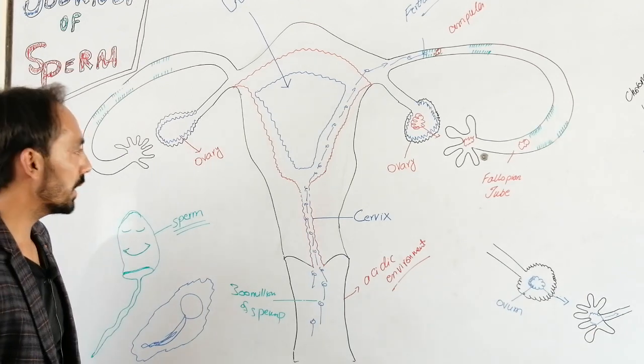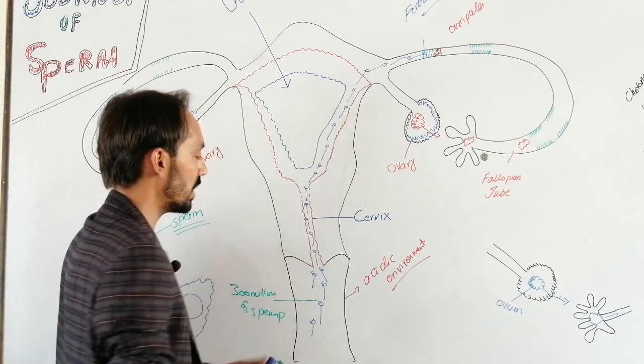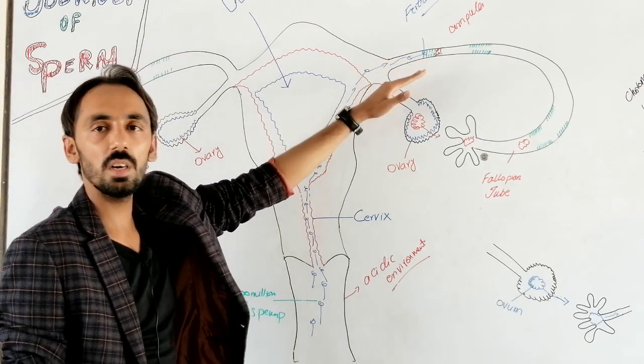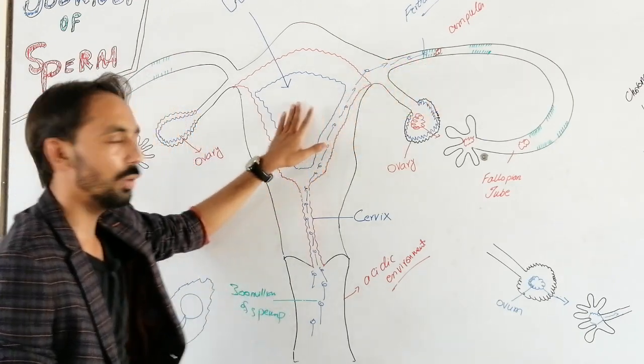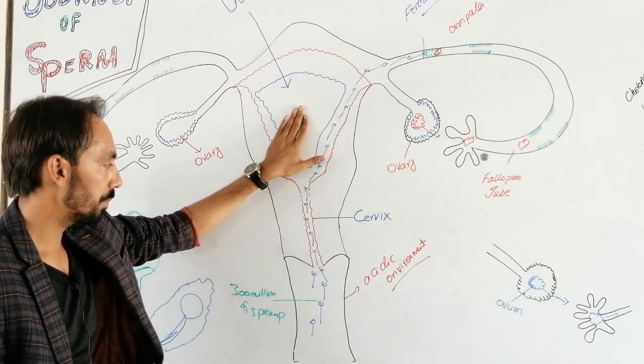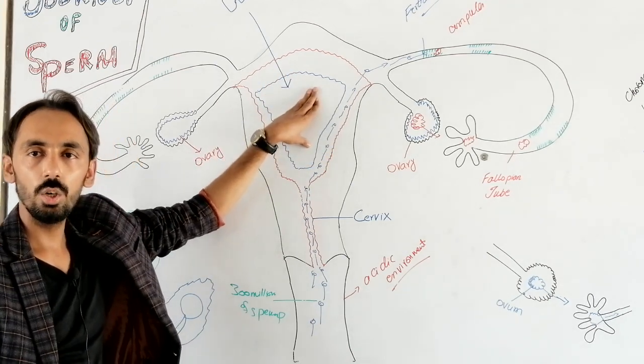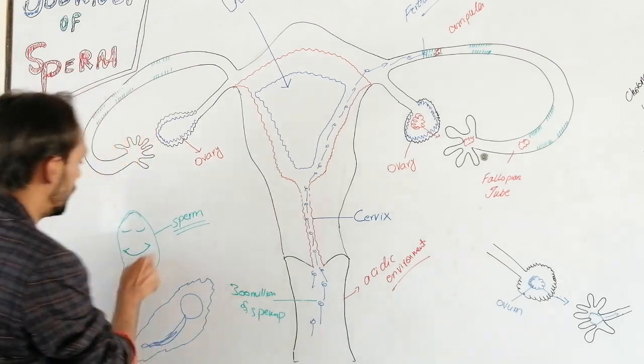right? So another question is how these sperms travel the proper way towards the fallopian tube and then the uterus. The answer is the uterus will send a chemical signal to the head of the sperm.